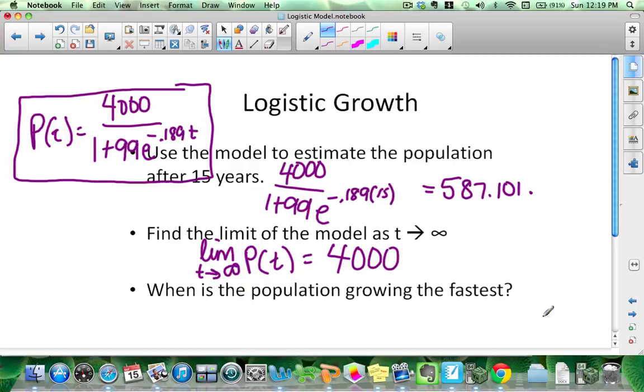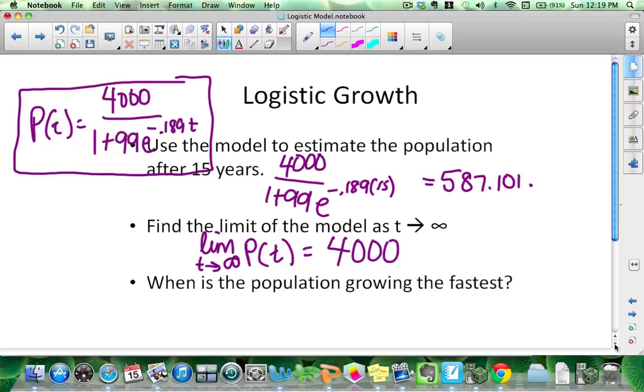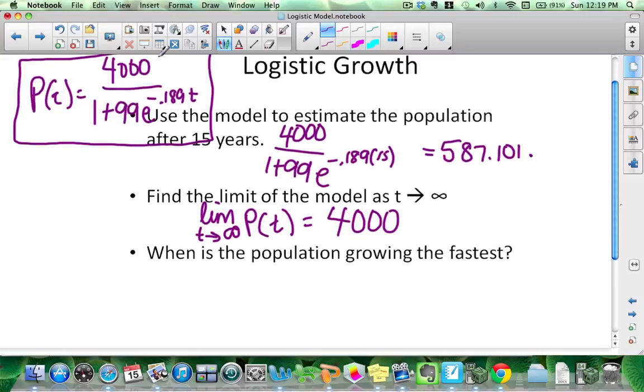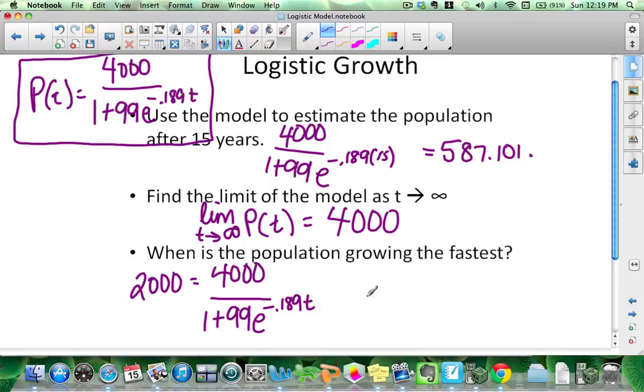And then finally, when is the population growing the fastest? Well, we know what the size of the population is when it's growing the fastest. It's 2,000 is equal to 4,000 over 1 plus 99 e to the negative 0.189t. And we can solve that for t, okay?